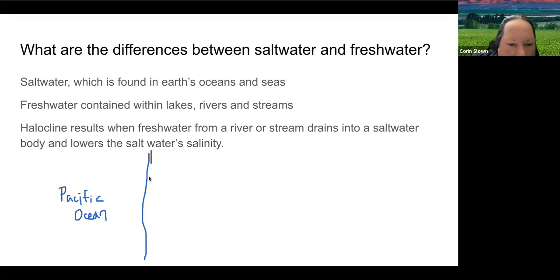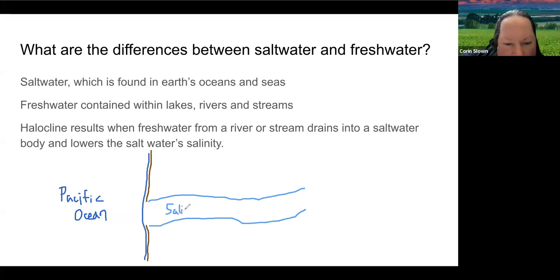We're going to think for a minute, what happens when, say, for example, the Salinas River comes into the ocean? What are some of the things that you think might occur?